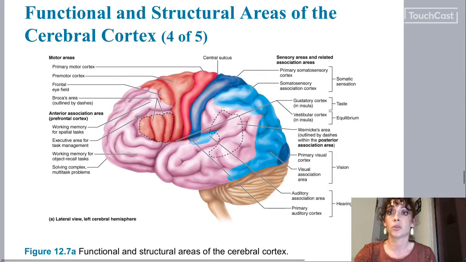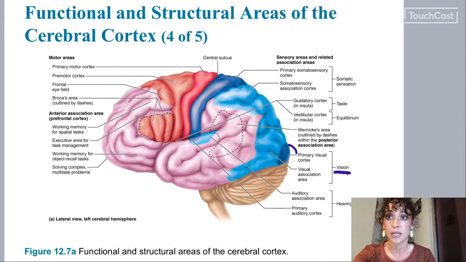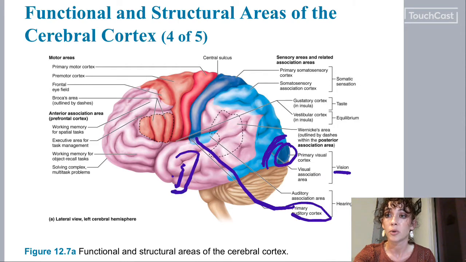So if we look at those areas on our brain, we can see vision here. Our primary visual cortex is this really small area, but the visual association area, or where those things are interpreted, surrounds that. Now they're not clear-cut areas, obviously. Our primary auditory complex is here, kind of where our ear hole would be. We also have our auditory association area, so what interprets those sounds.